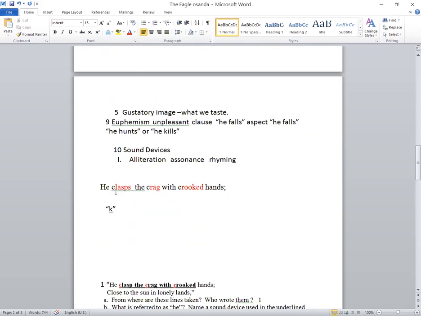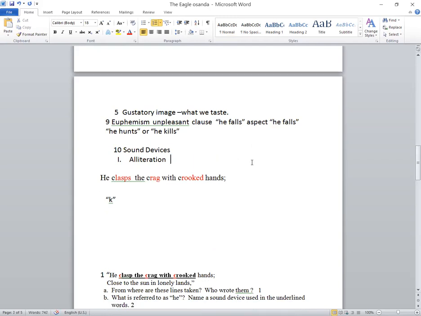Now, alliteration. Our first technique is alliteration. Write down. Our first technique is alliteration. Go on writing.